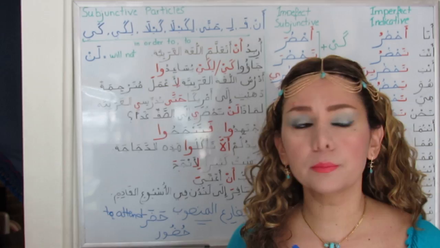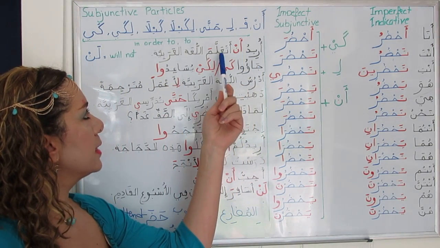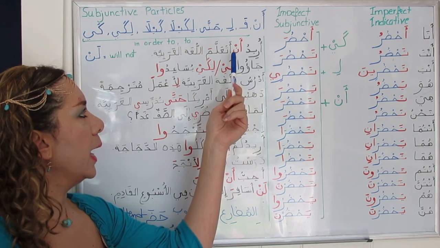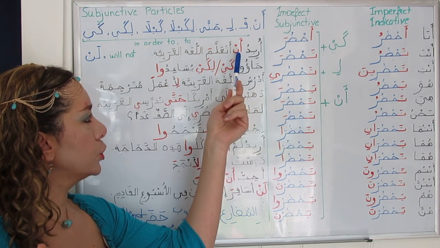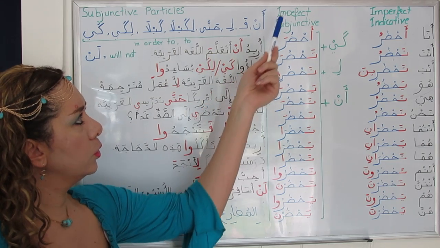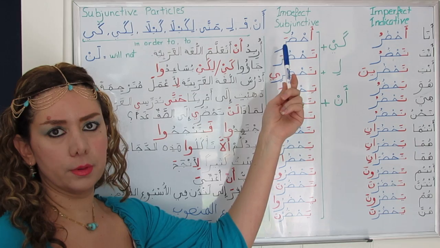For example, أريد أن أتعلم اللغة العربية. So an, a subordinating conjunction, is making the verb, the imperfect subjunctive, subordinate to the main verb.